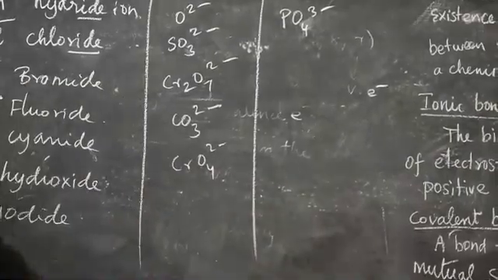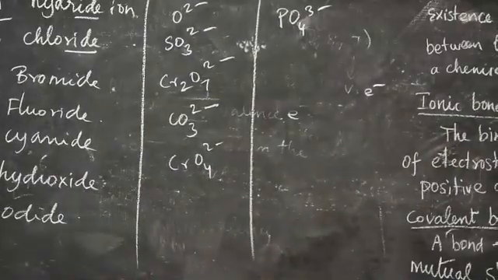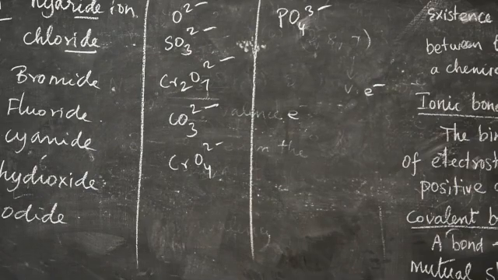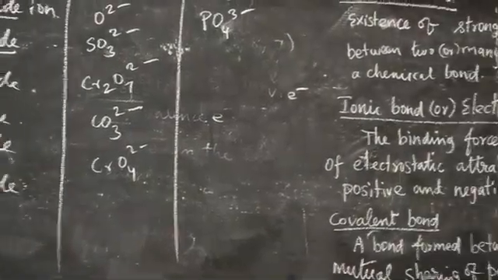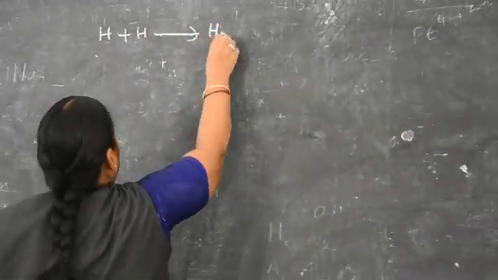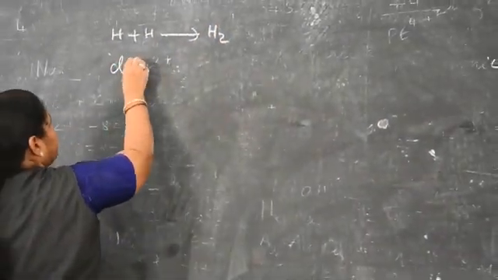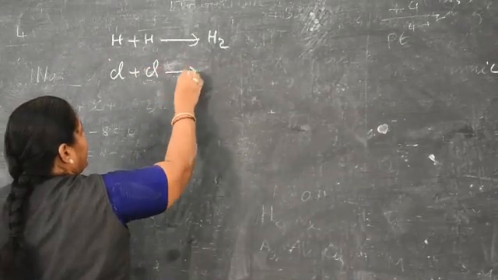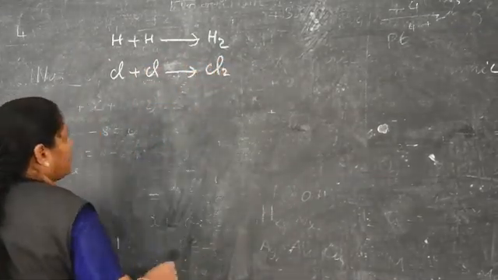Now, when two or many atoms combine together, they form a molecule. Hydrogen atom plus hydrogen atom combine to form an H2 molecule. Chlorine atom plus chlorine atom combine to form a chlorine molecule.